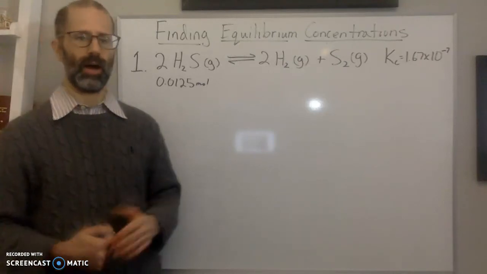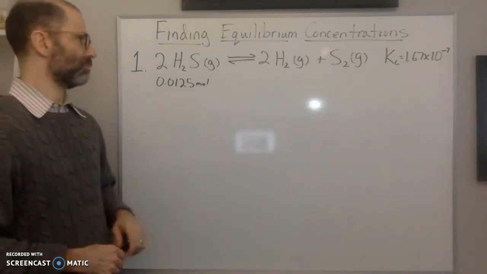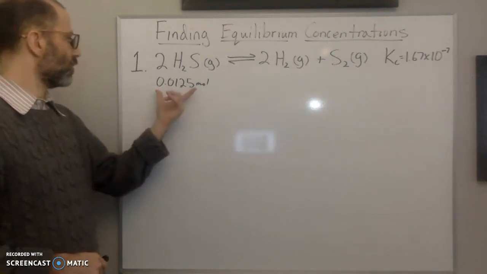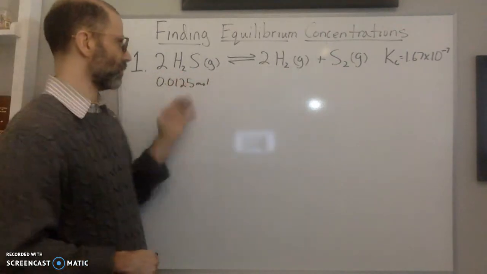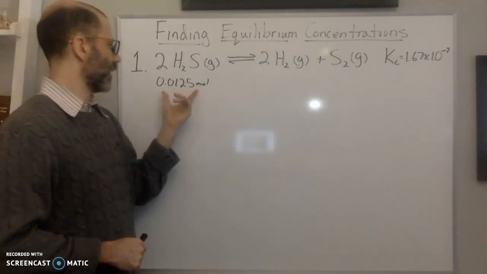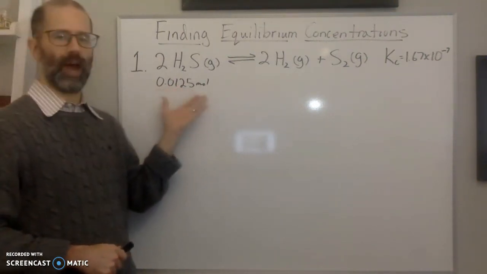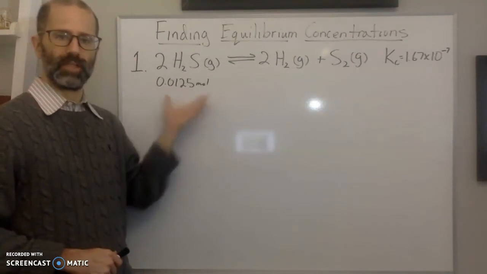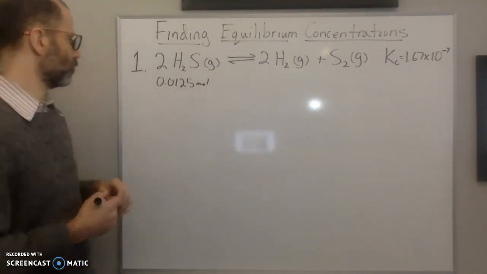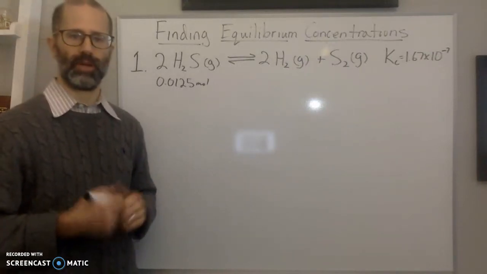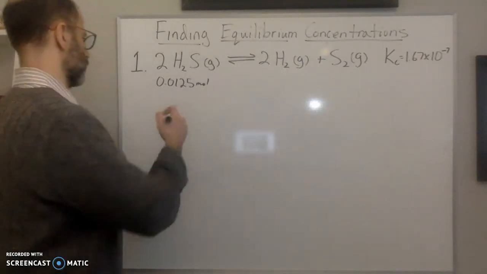Okay, so here's the problem that we're given. We are given this balanced equation, and we're given that H2S is 0.0125 moles of this substance. And we're also told that this is in a reaction vessel of 0.5 liters.